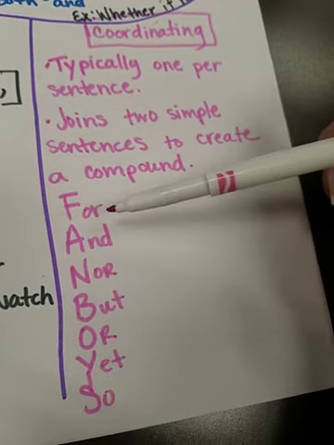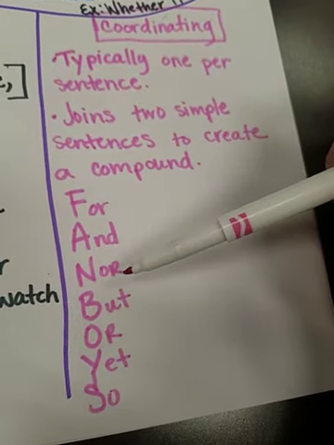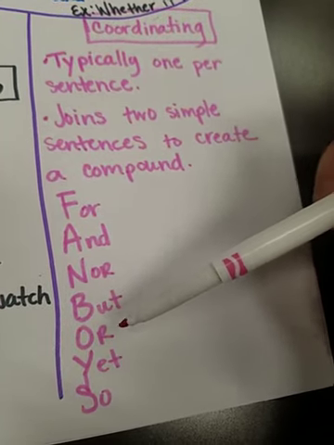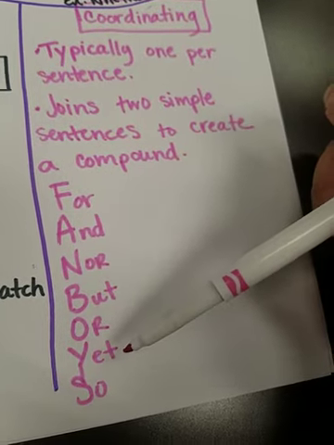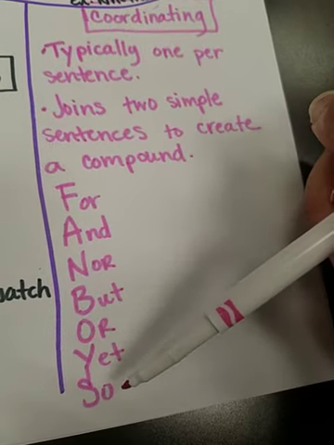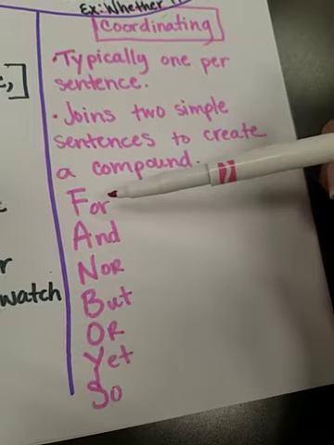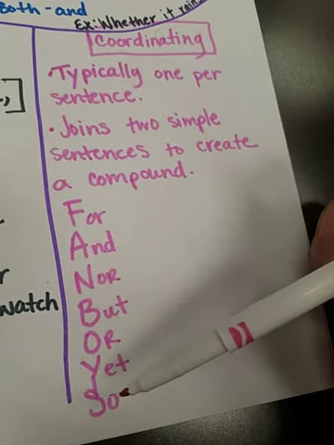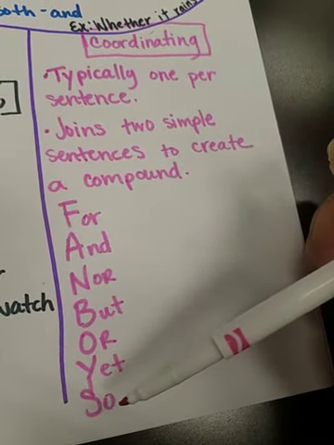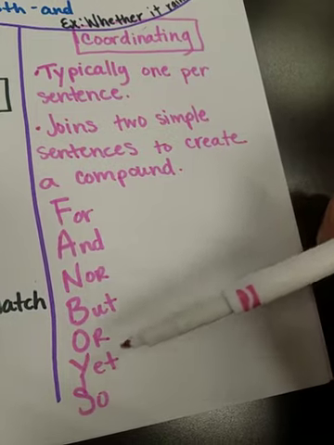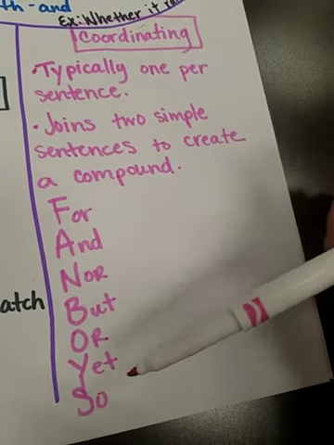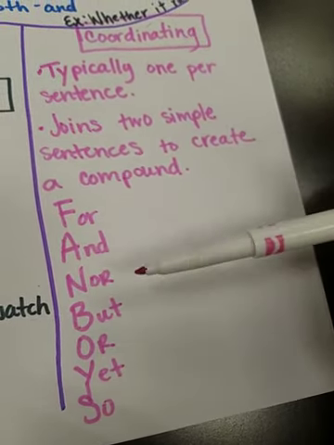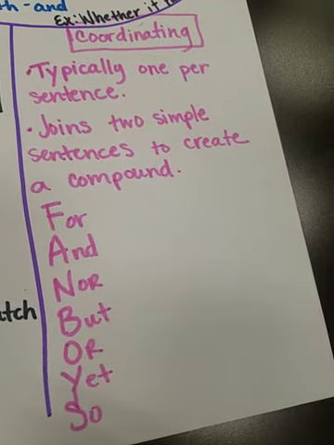So we've got for, and, nor, but, or, yet, and so. Each of these can be used as a coordinating conjunction. When you use these as a coordinating conjunction, there are specific meanings that these have.